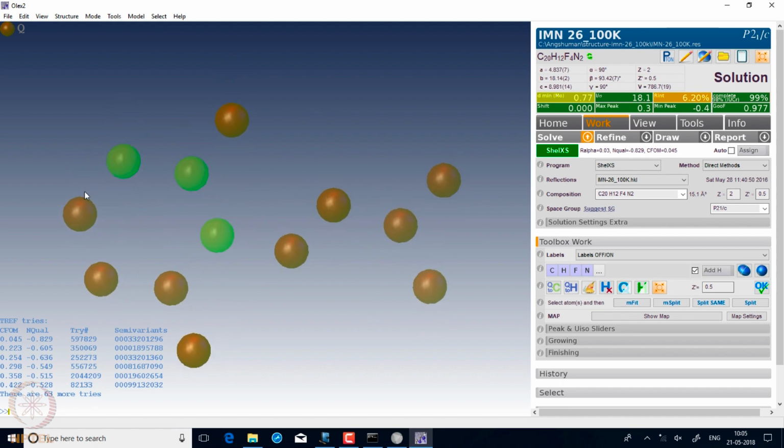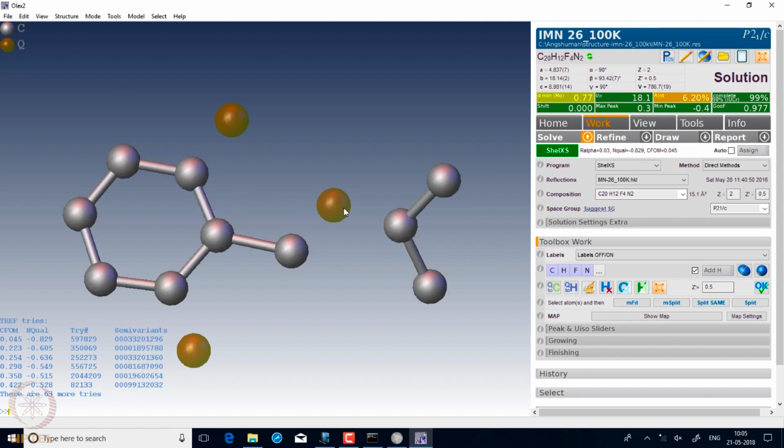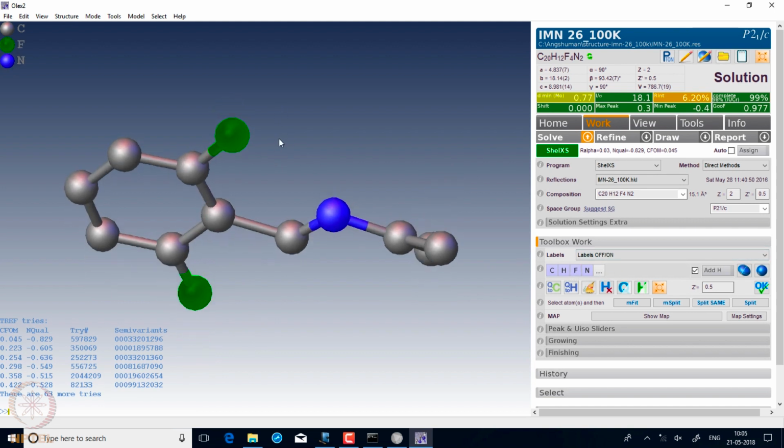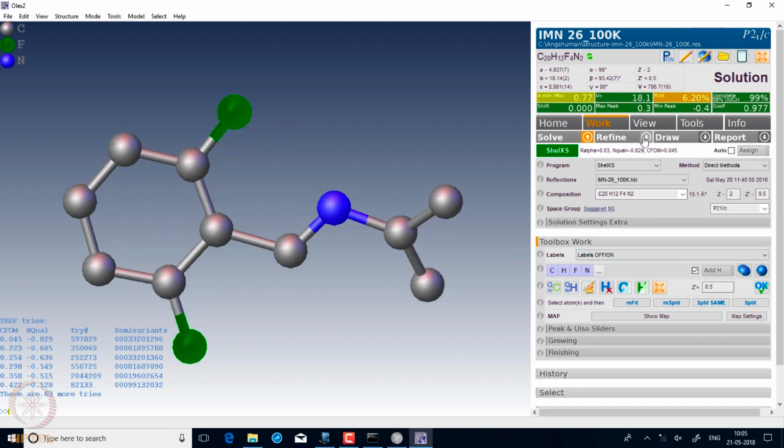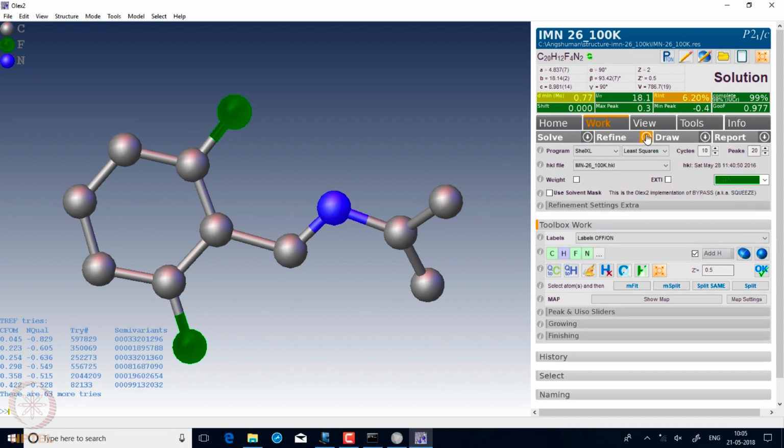With my chemical sense, I am selecting these atoms and identifying them as carbons. Probably one atom here is nitrogen, and these two, as I know from my chemistry, are fluorine. Then we do a refinement using SHELXL least squares and click Refine.